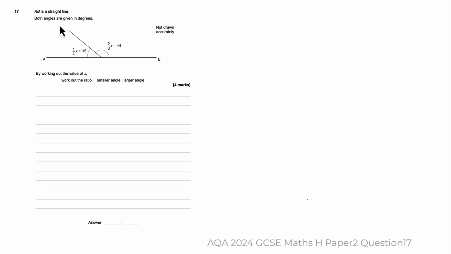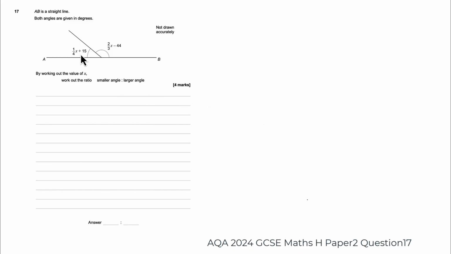So here's question 17. We're told that AB is a straight line, and here's a dividing line drawn here to separate a couple of angles. So these two angles, because they form a straight angle, must add up to 180 degrees. Now we're asked, once we've worked out the value of x, to work out the ratio of the smaller angle to the larger angle.